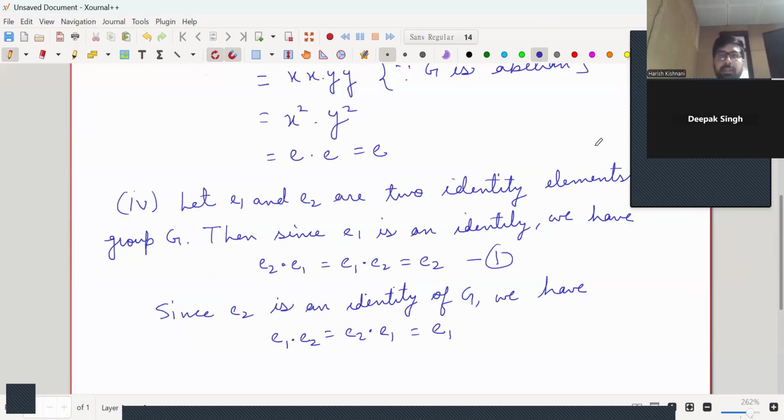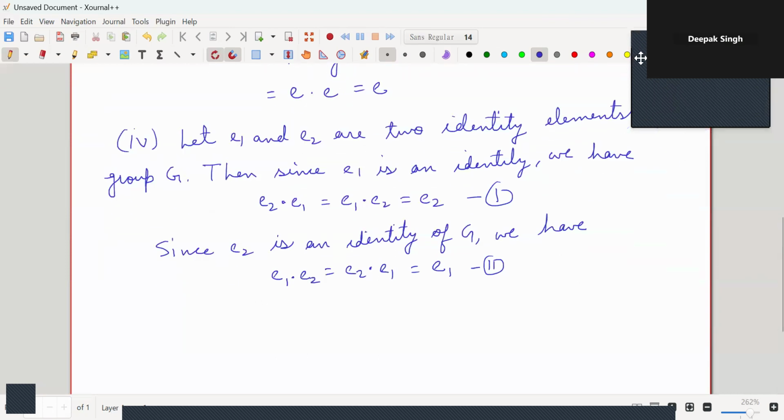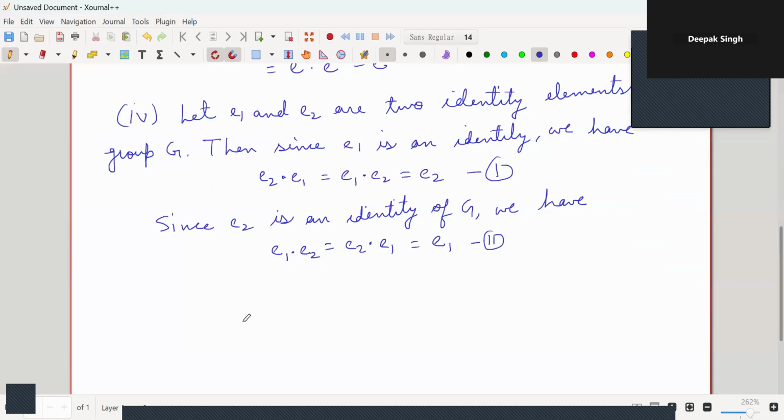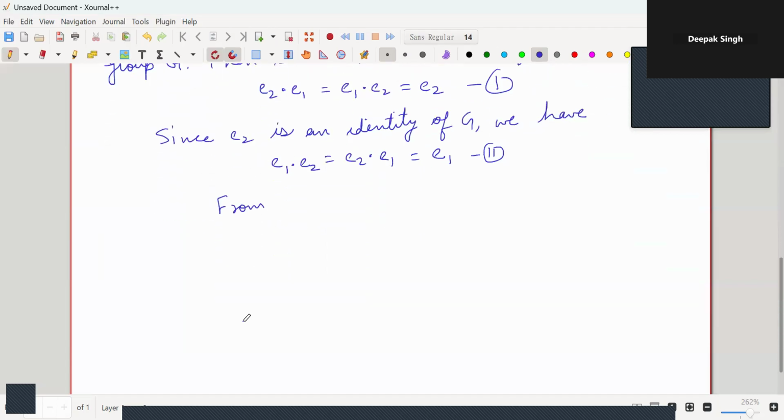And now from 1 and 2, what we get is that these two are equal.